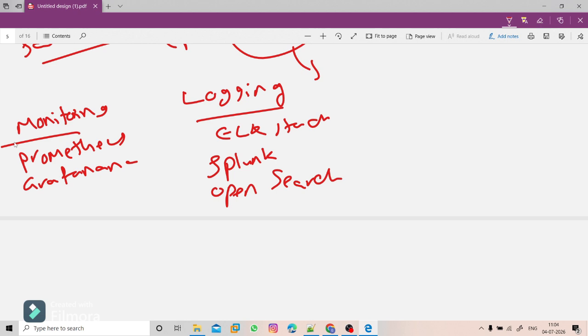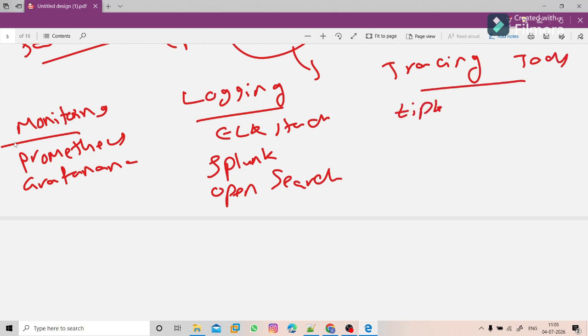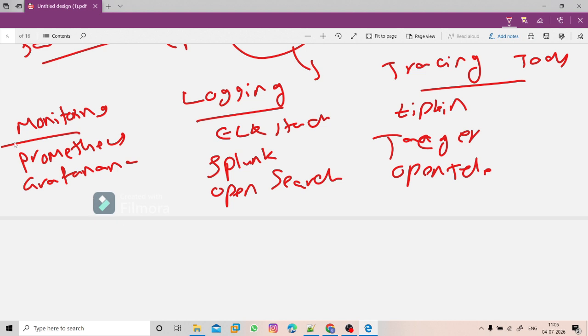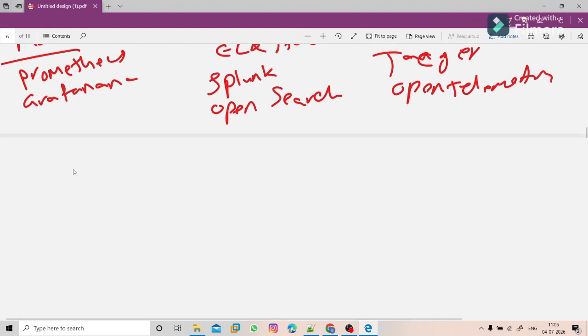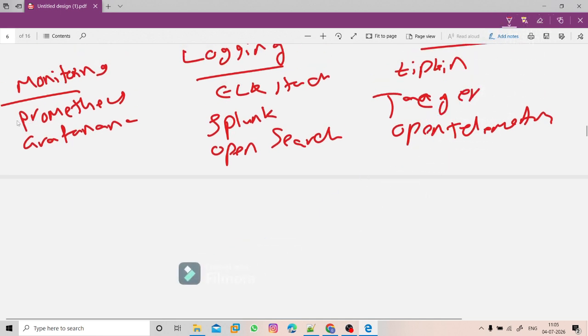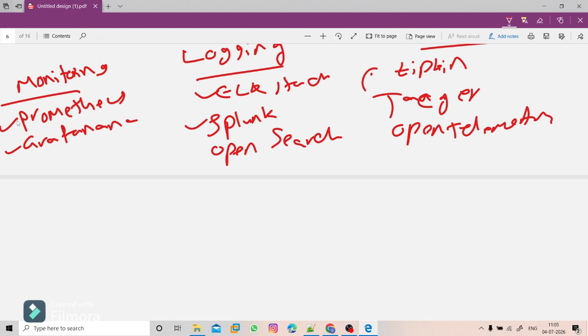If you need it, I will cover that too. For tracing tools, many people use Zipkin, Jaeger, and OpenTelemetry. In this course I will cover only a few of these: Prometheus, Grafana, ELK Stack, and Splunk. I will explain them and do hands-on work also.